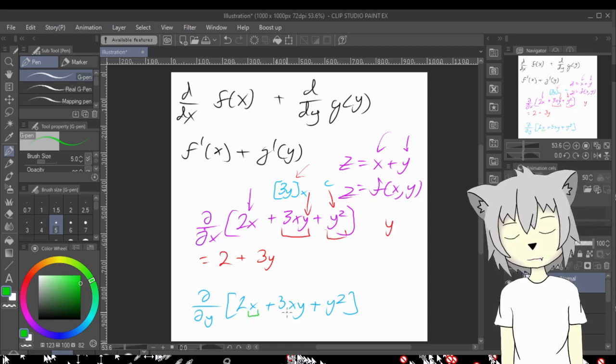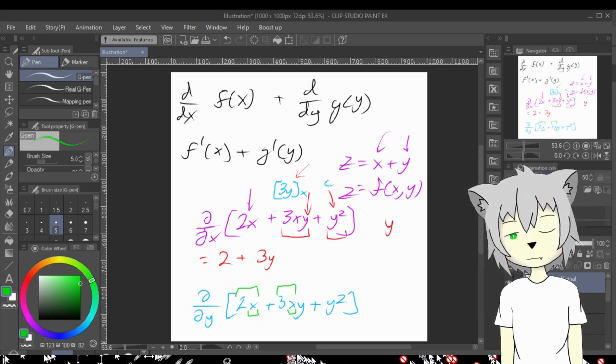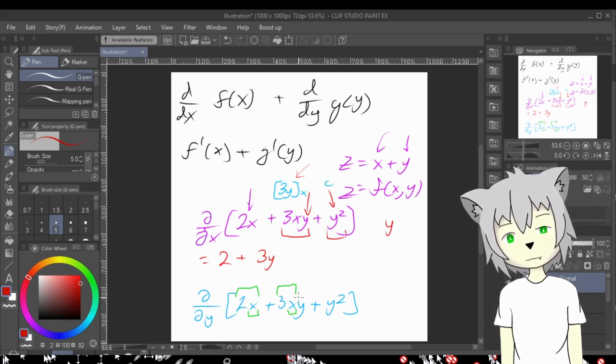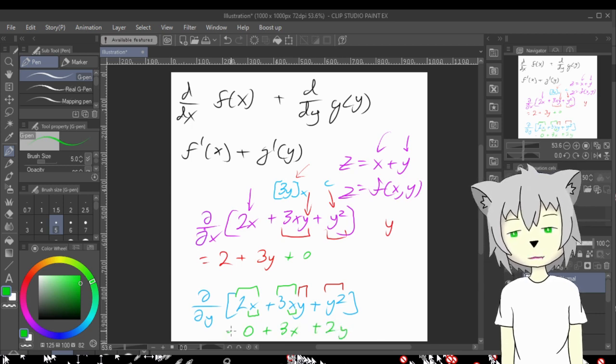Meaning the x variable here does not change, so this part is an entire constant, and these parts right here are the variable that changes. And so this is basically 0. Well, I should probably add that too. Plus 3x plus 2y. If you understood that.